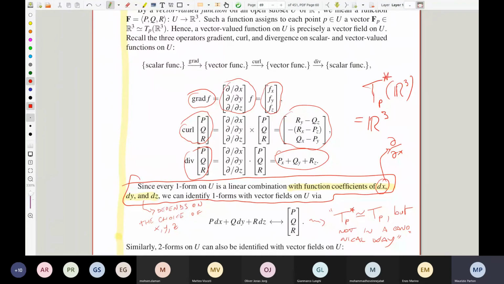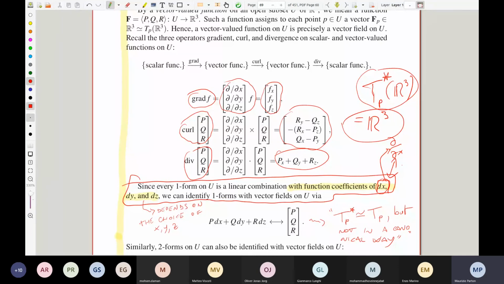I mean, they are all vector spaces of dimension 3. They are all isomorphic to R3. And in this identification, dx corresponds to the partial derivative, because by definition they are the dual basis. The identification is made just this way.